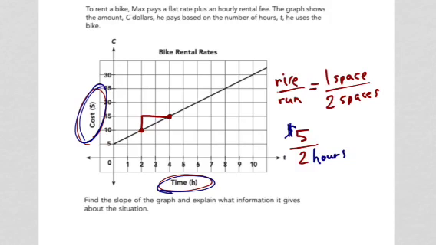So what this is, and we read the fraction bar as the word per, we would say that this is $5 per 2 hours. So every 2 hours he rides the bike, he has to pay another $5. That's what that's telling us. Just putting the numbers in from the x and y axis and the words to go match with it.